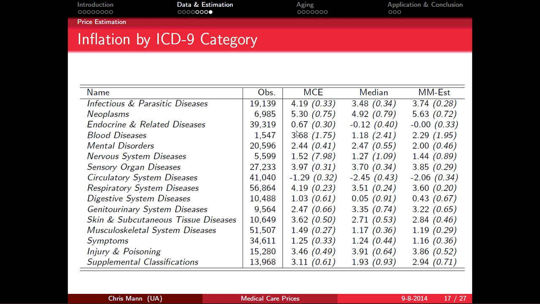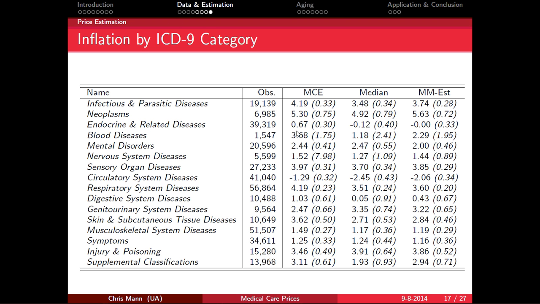So if you look at neoplasms, which would include things such as cancer or benign tumors, the cost of treating those diseases is going up by over 5% per year. Whereas if you go down to circulatory diseases, it's actually falling from year to year. So it's experiencing some sort of deflation.